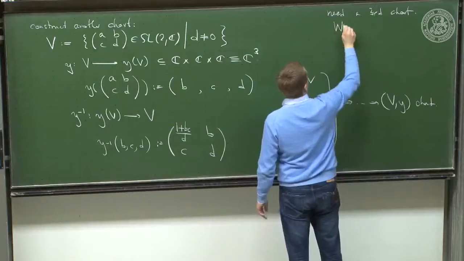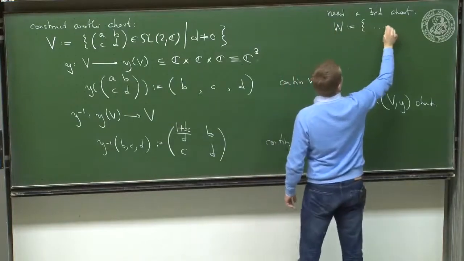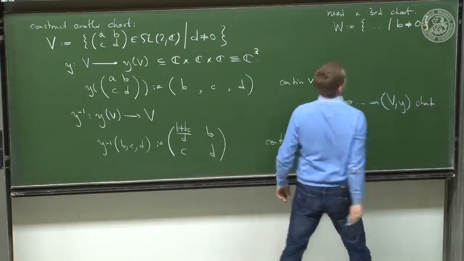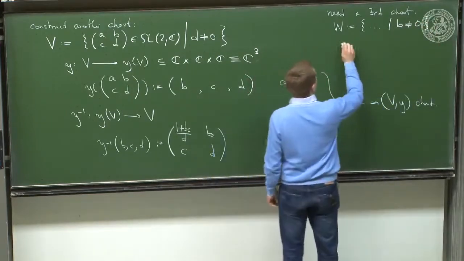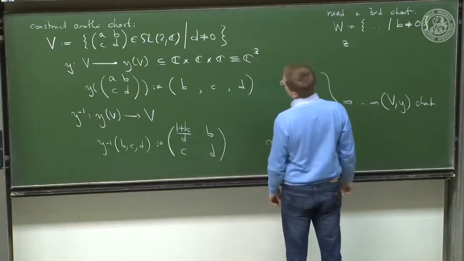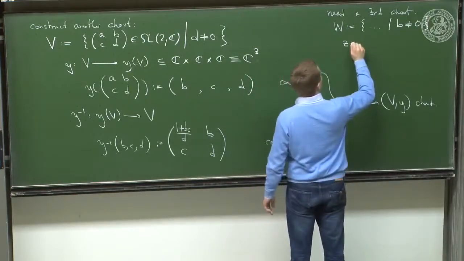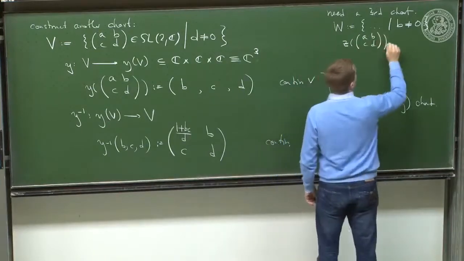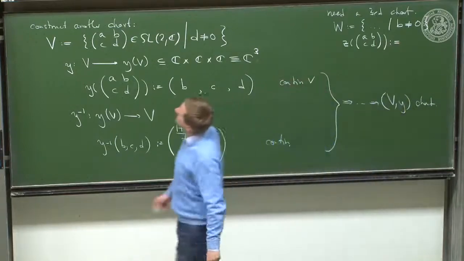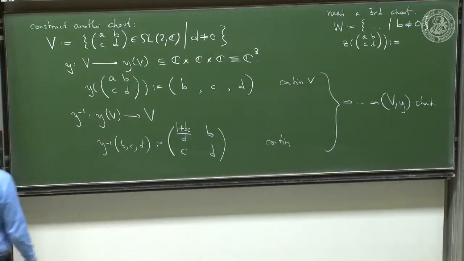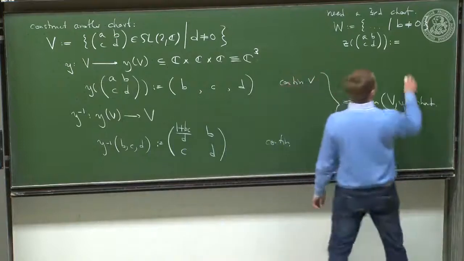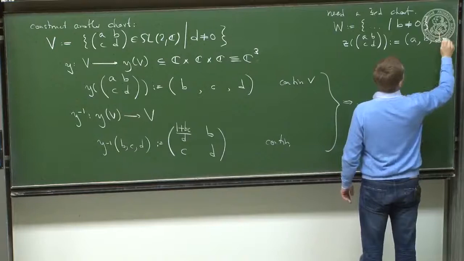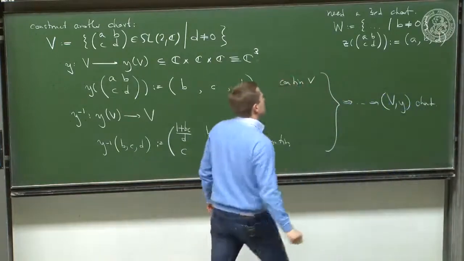UV, let's call it W. It's defined as before, but now for B not equal to 0. And then we construct the coordinate map Z of A, B, C, D. If B is non-zero, I can divide by B and express C. So I will have A, B, D as this map.